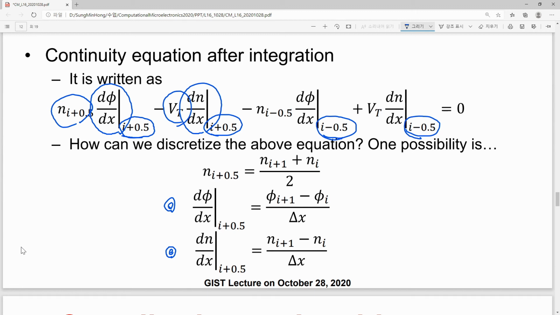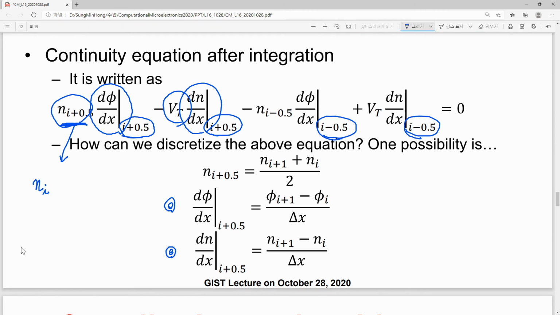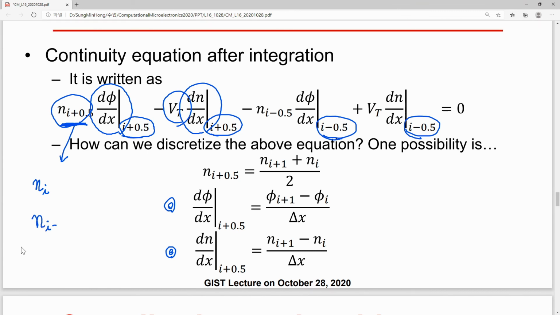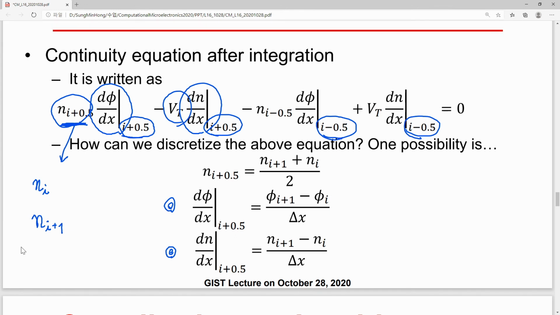And here we have a certain electron density at the midpoint. Oh, that is a little bit confusing. So we know the electron density defined at the ith node, and also we know the electron density defined at the x sub i plus 1th node.